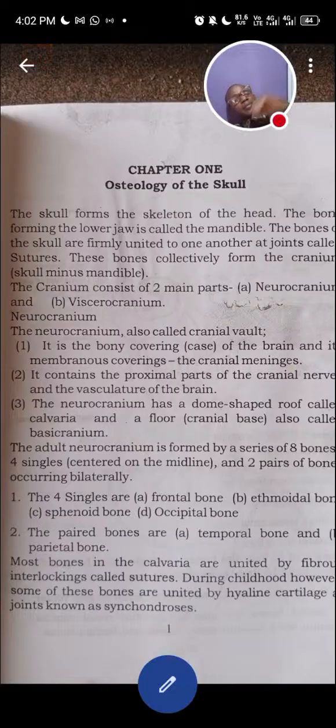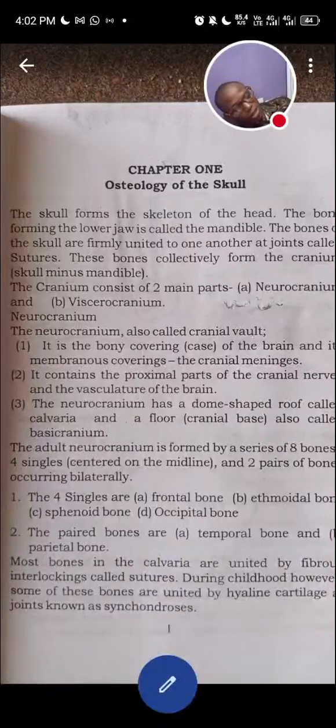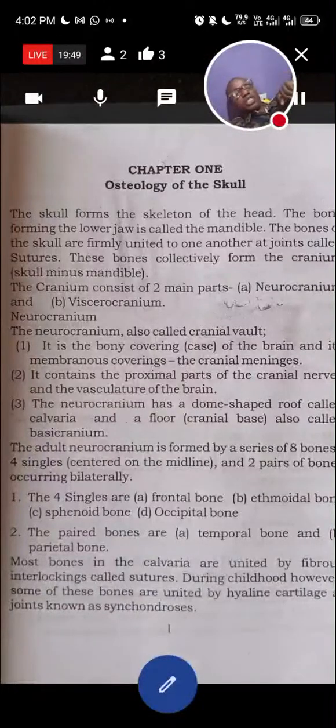We said look at the bone, the brain equals this. Look at the joint, it's called sutures. These sutures are fibrous interlockings. That's what makes up the sutures. Do you follow? So we talk about the neurocranium.